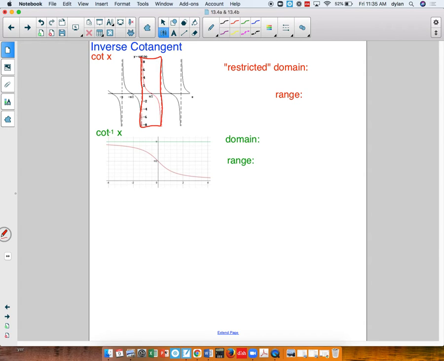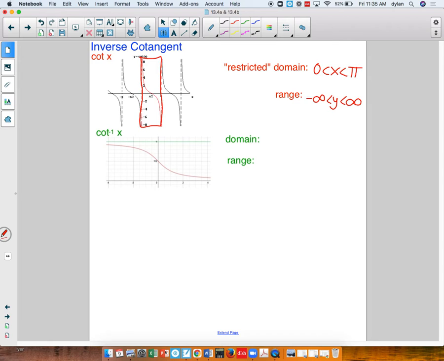So we're going to restrict it from 0 to pi. So our restricted domain would be 0 is less than x, which is less than pi. And if you look at the range within that cycle, this would go from negative infinity is less than y, which is less than positive infinity.